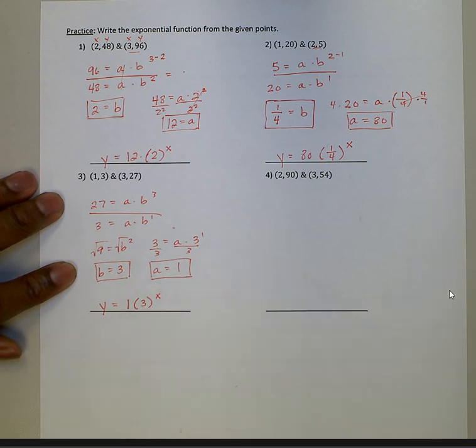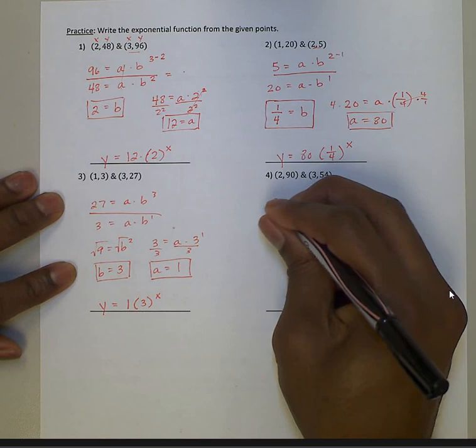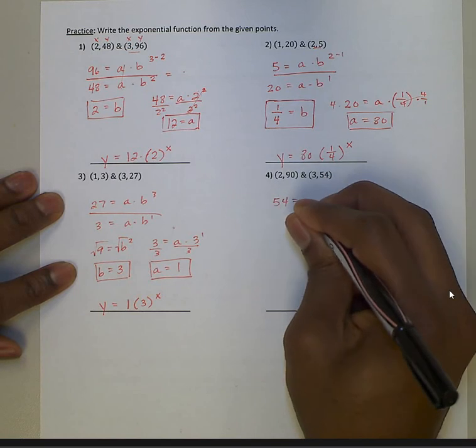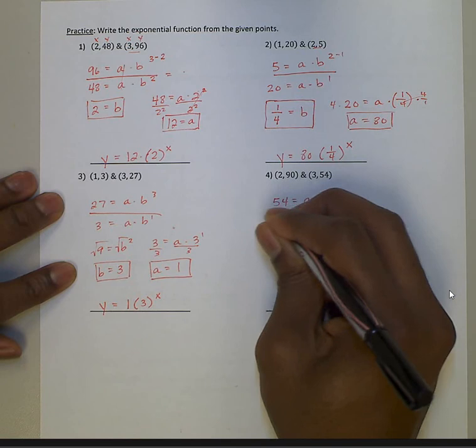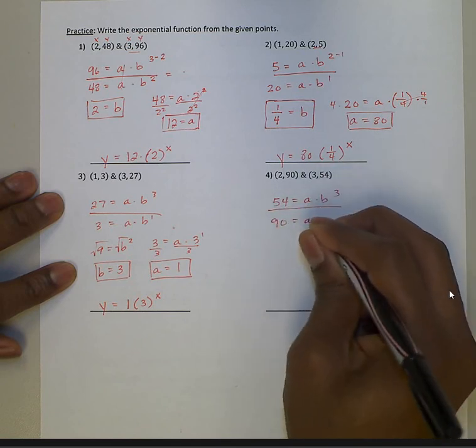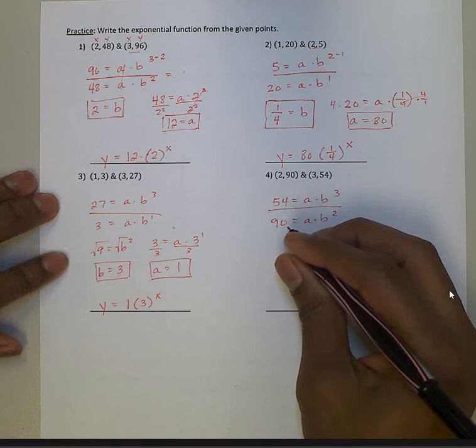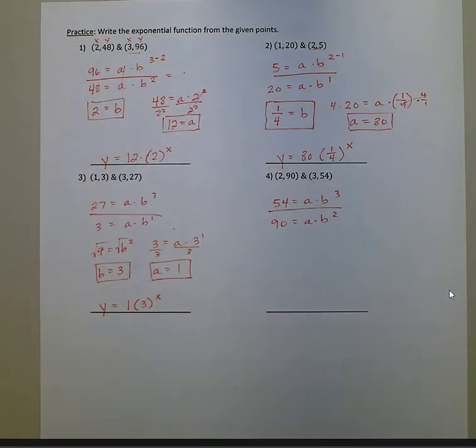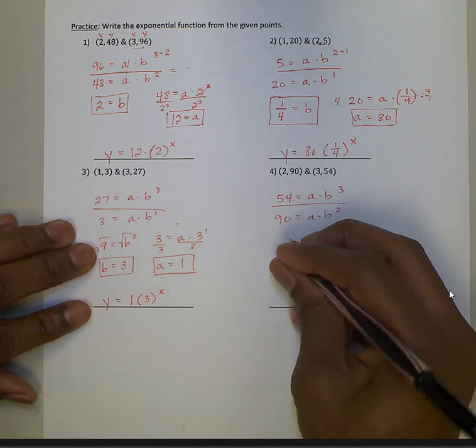One more. I've got 54 for y equals a times b to the third, and 90 for y equals a times b squared. 54 divided by 90, I think that's 6/10, which is 3/5.